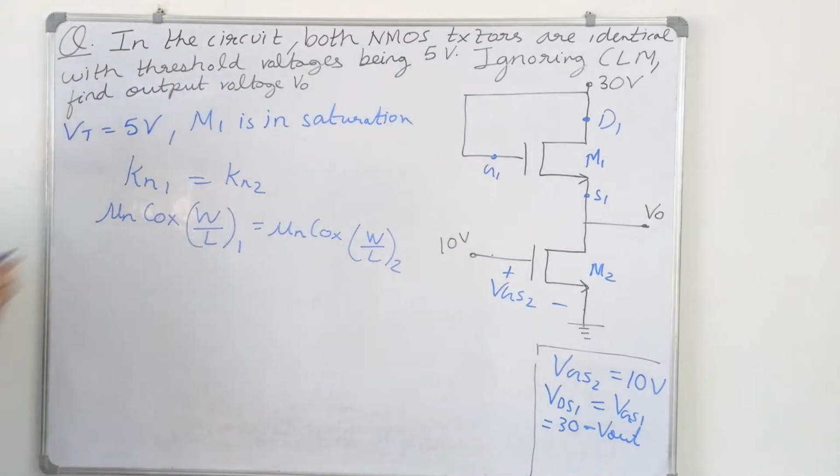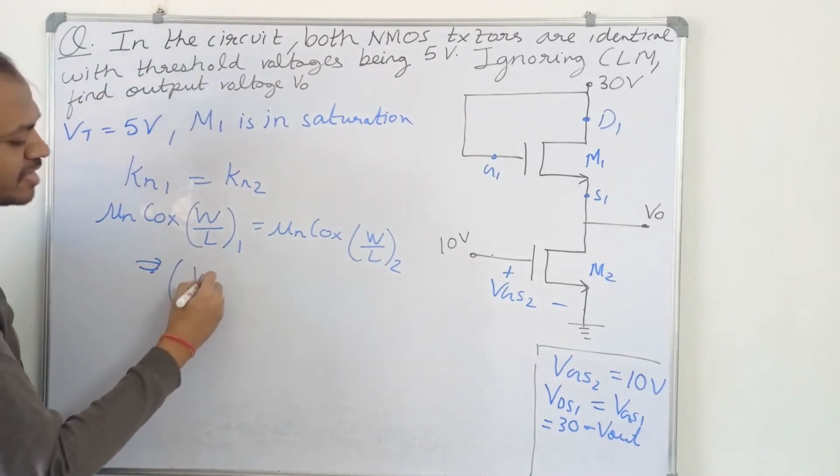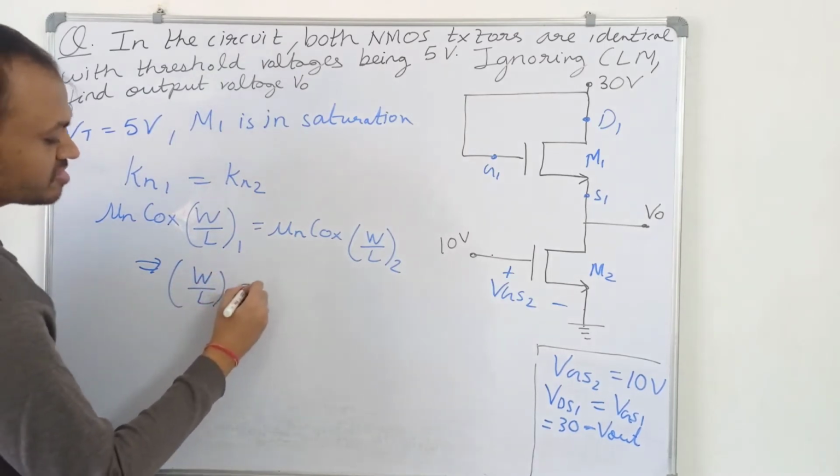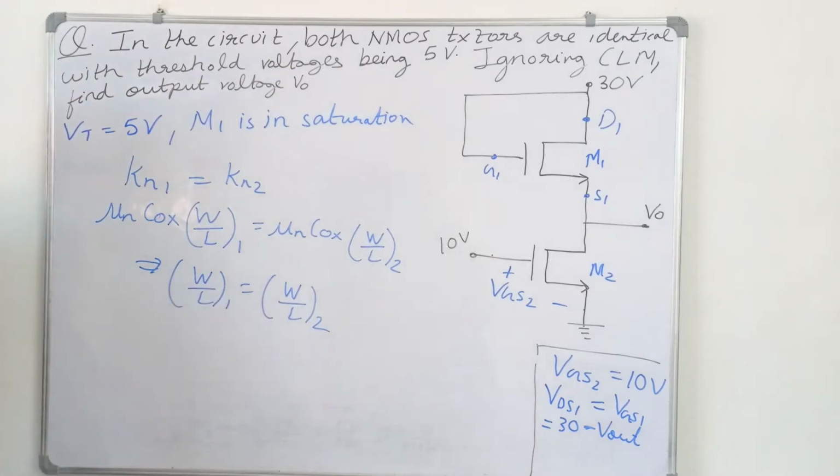Obviously mobility will be the same and oxide capacitance will be the same because both the transistors are identical. So W by L1 will be equal to W by L2. So the width to length ratio of both the transistors is also the same.